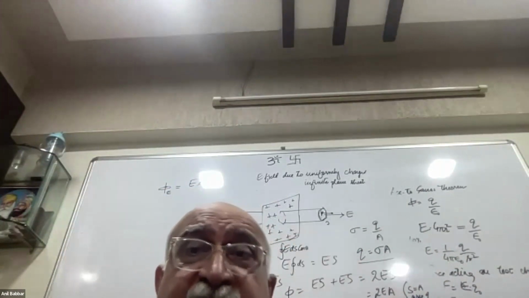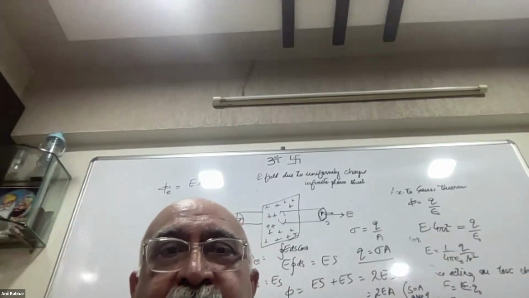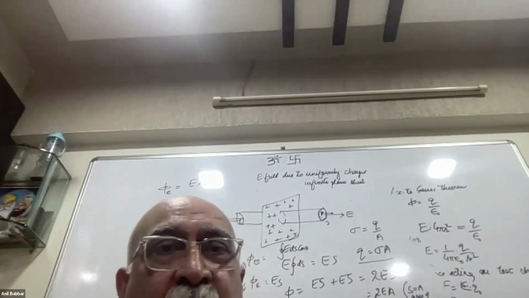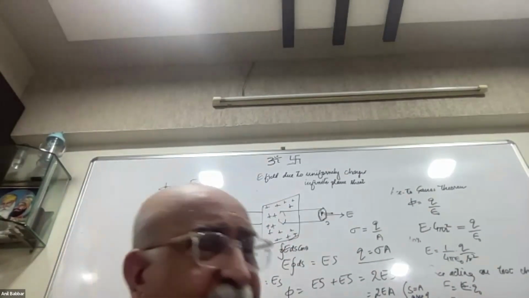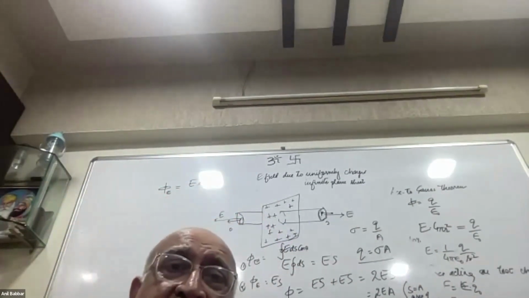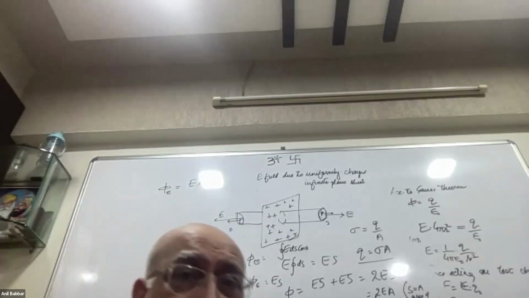Now, what if two sheets of uniform charge densities are given? We need to find the electric field at different points.